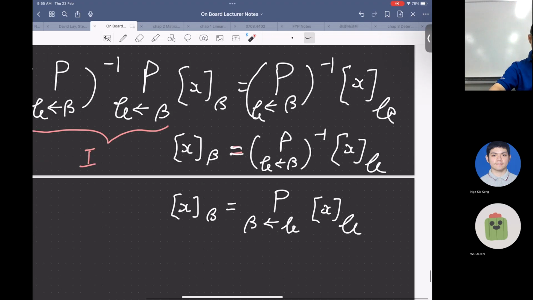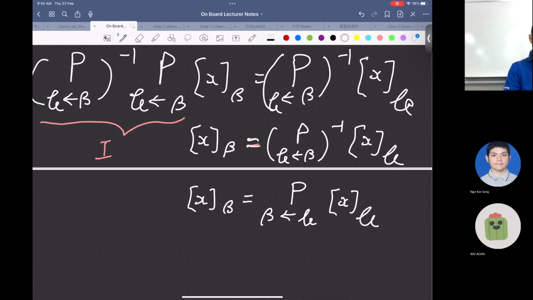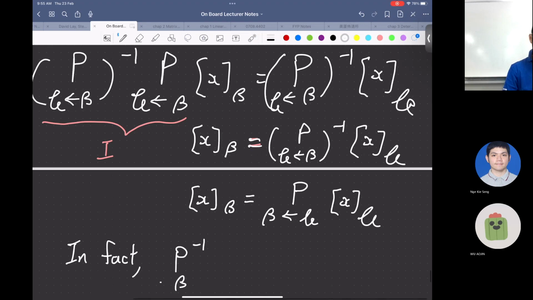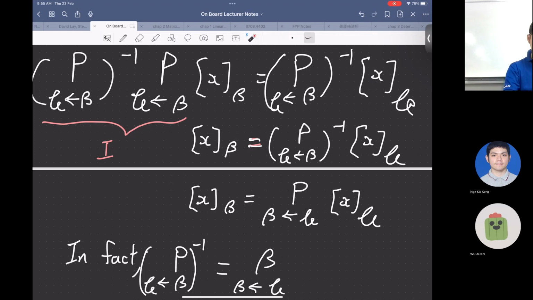Okay. So in fact, the inverse of a change of coordinate matrix is just swapping the arrow. Instead of swapping the arrow, I swap the content here, to keep this arrow consistent.